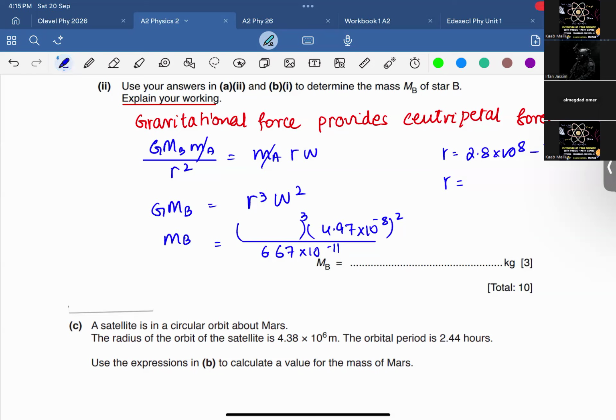I think there's another way to solve this, even if we take capital M A and M B. MB is this mass, and they're moving around the common center. No, we have to take the whole distance while we are talking about the common center.